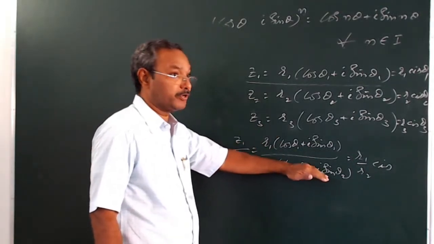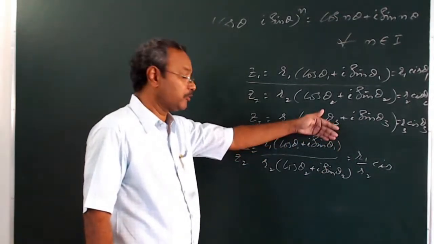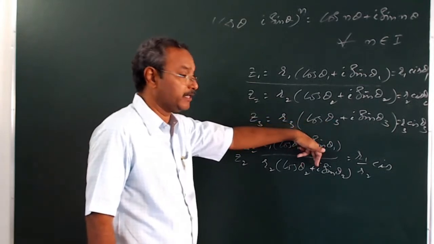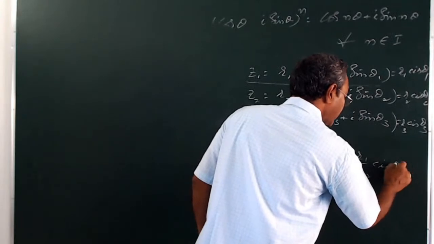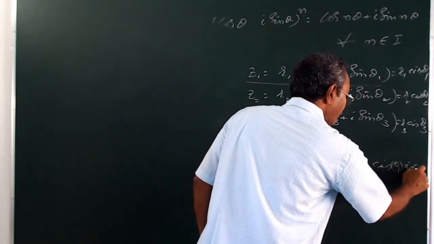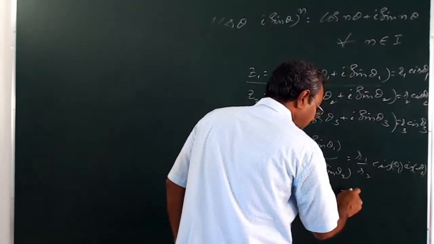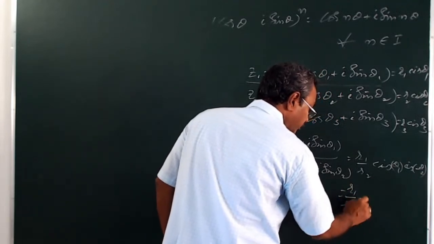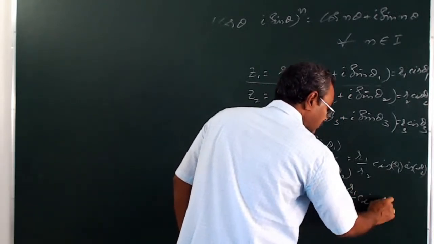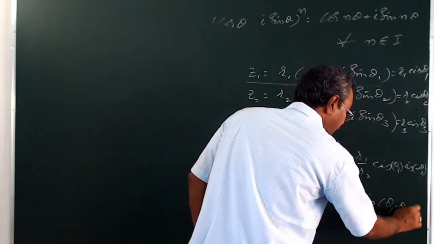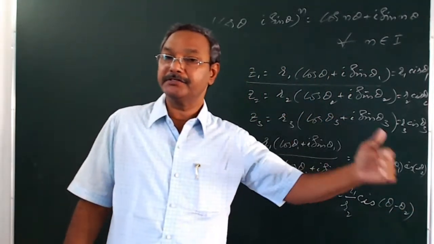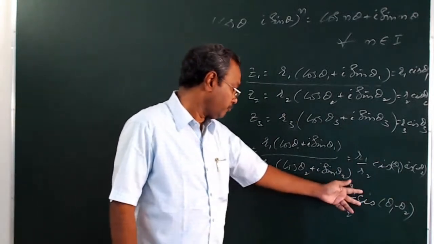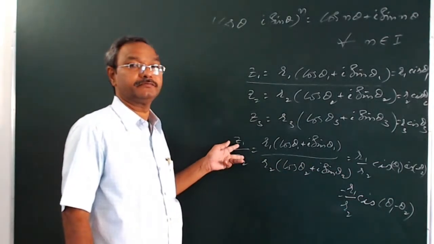It is a reciprocal. Take it to the numerator and automatically this becomes cos of minus theta 2. So it is cis theta 1 into cis minus theta 2. This is R1 by R2 into cis (theta 1 minus theta 2). So this is the quotient of two complex numbers.